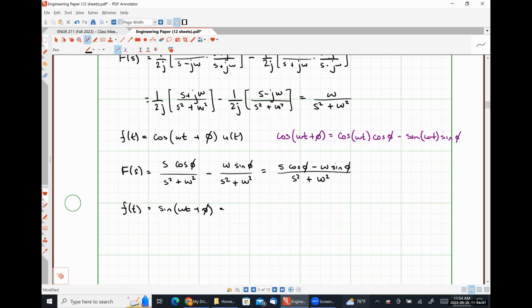I believe it's going to be sine omega t cosine phi plus cosine omega t sine phi. Now, I genuinely don't 100% remember that that's the correct trig identity.